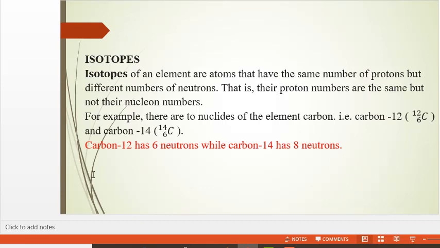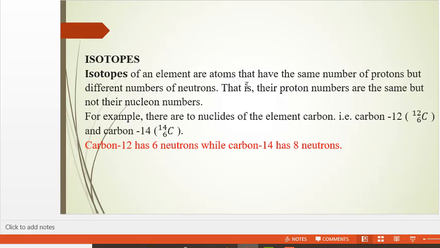Now the difference in nucleon number or mass number arises from the fact that the isotopes of the same element have different numbers of neutrons in the nucleus. They will have the same number of protons, that's why they have the same atomic number, but they have different numbers of neutrons, hence their masses are different.